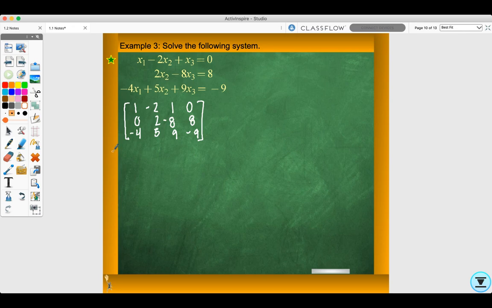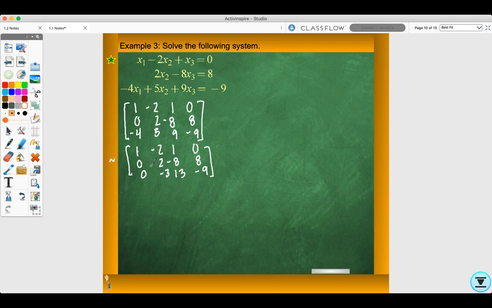So this is equivalent to, what I'm going to do is take 4 times row 1 and add it to row 3. Because I already have a 0 here, I want to try to get this to be a 0. So row 1 is going to stay the same. Row 2 is staying the same. And 4 times row 1 plus row 3 would give me 0, -3, 13, and -9.